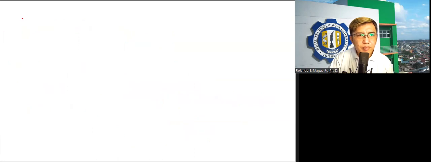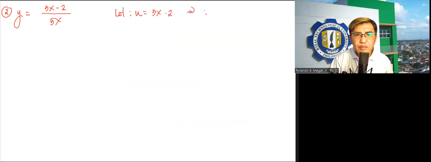Okay? Let's have number 2. We have y is equal to 3x minus 2 all over 5x. Okay? So we let u be equal to 3x minus 2 and v be equal to 5x.